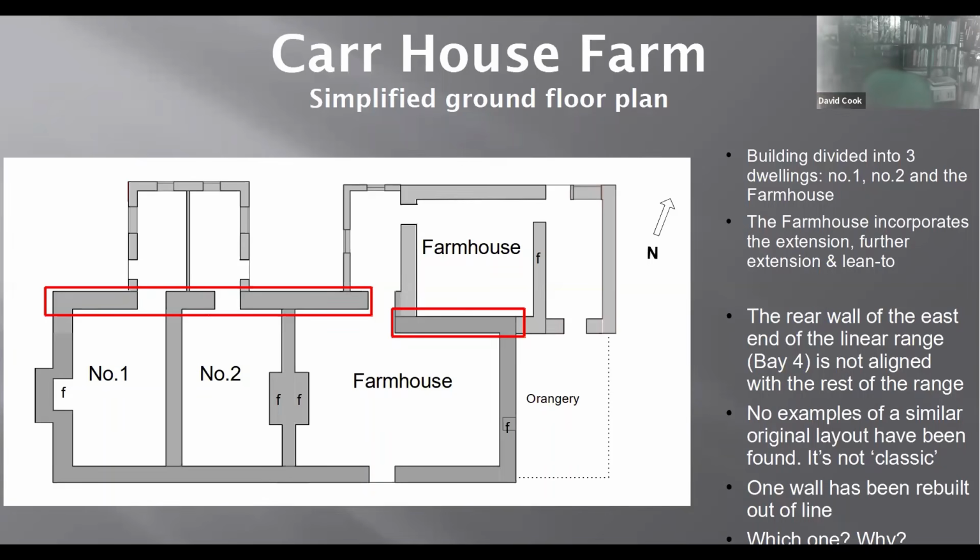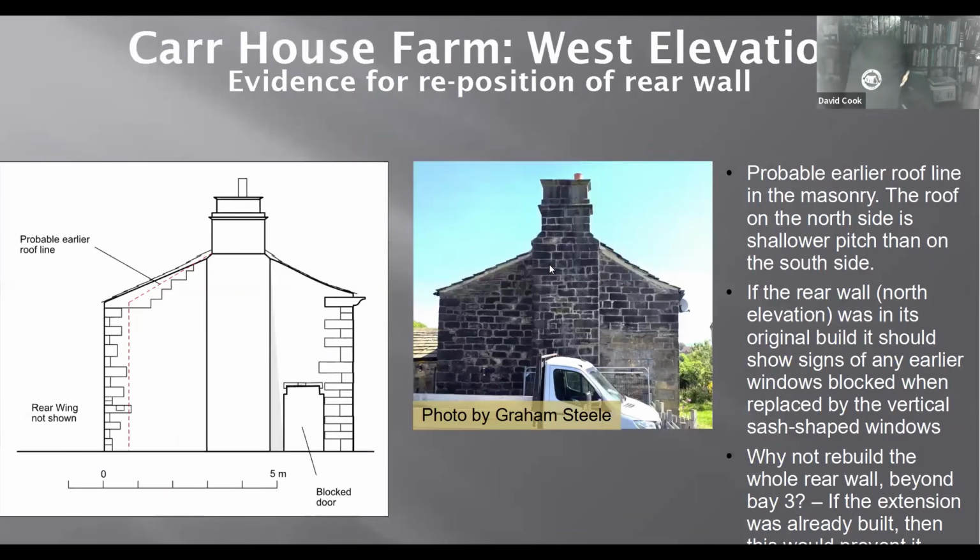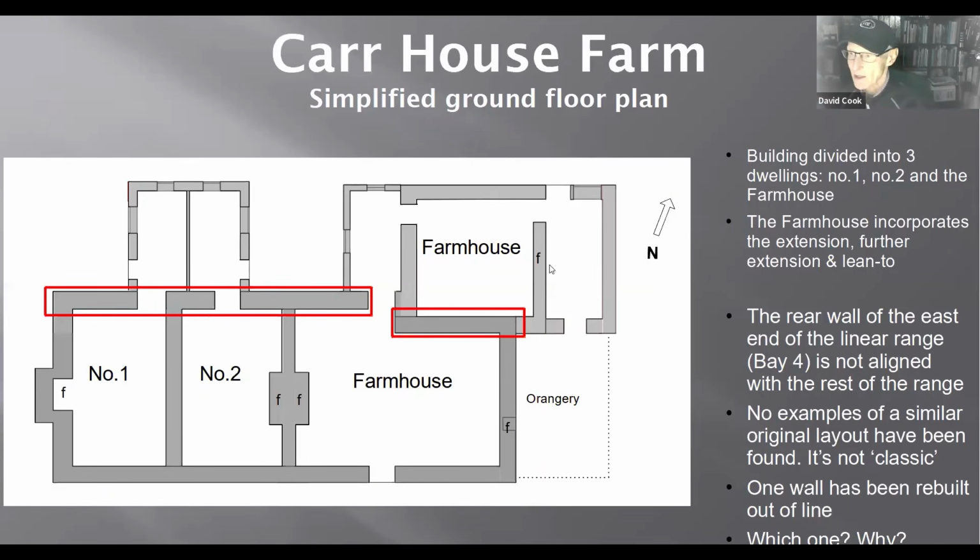The thing that causes me sleepless nights about Carr House Farm is this, the bits that are highlighted or marked out in red. Sorry about that. We've talked about the wing here and it being the later service room structure to provide identical service for number 1 and number 2.